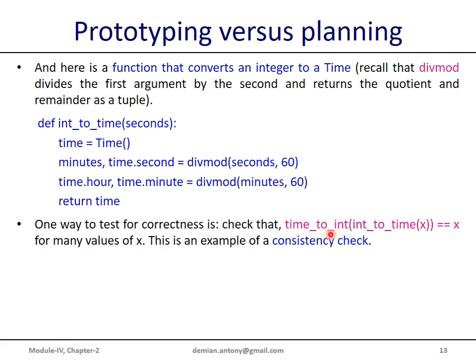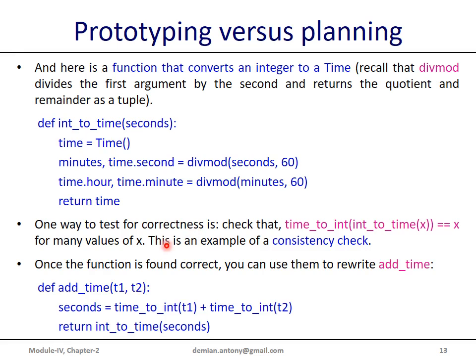The time to integer and integer to time, because these two operations are inverse to each other, and if we apply these two functions in this manner, it results in the actual integer x. That's why if you do this consistency check and the function passes it, it means that the function is right.